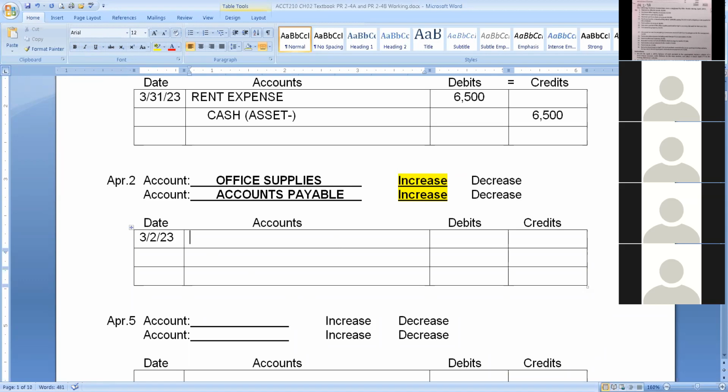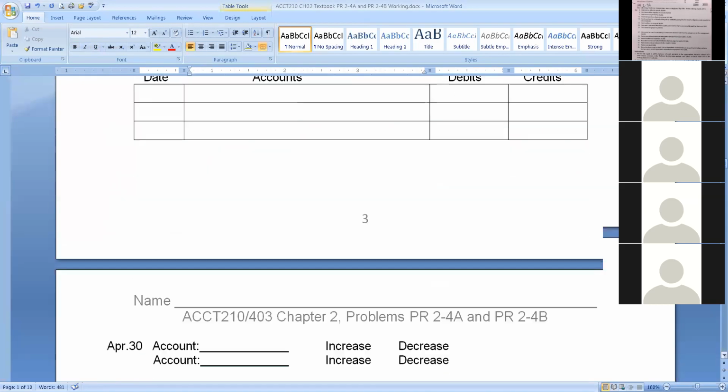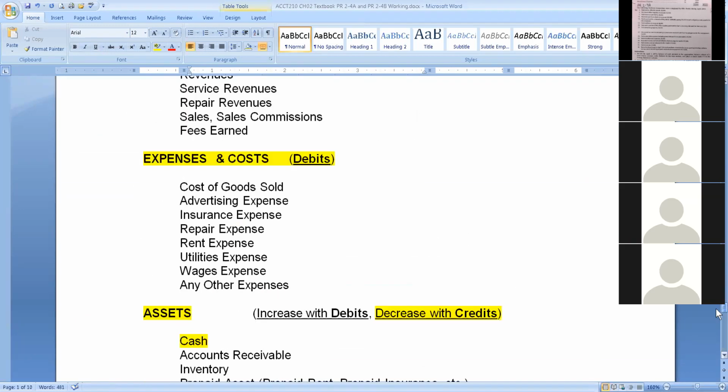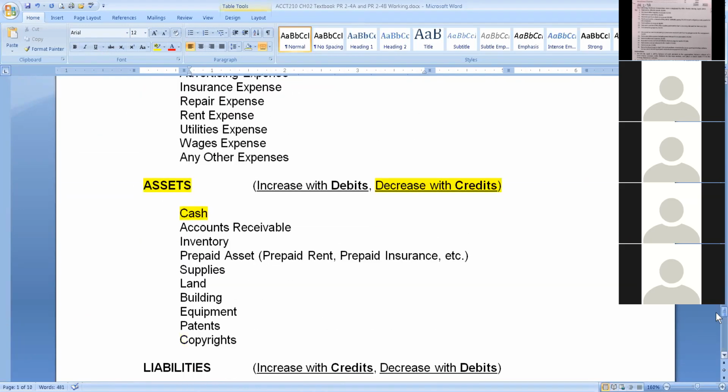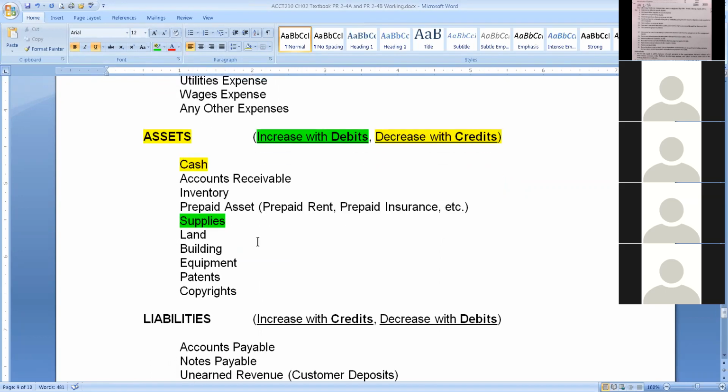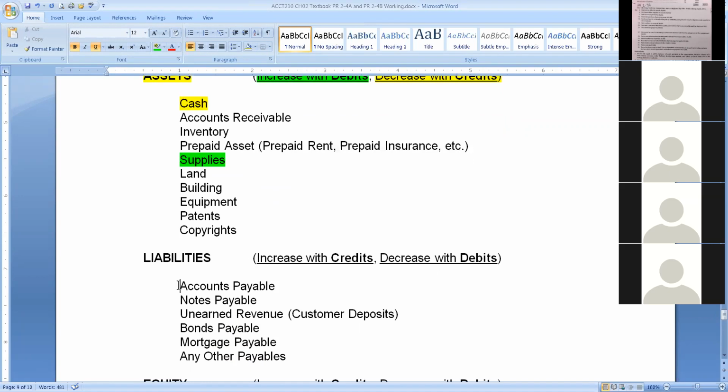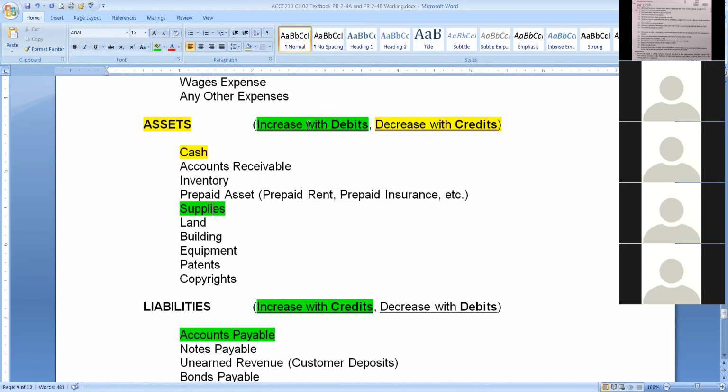Okay, so let's take office supplies. It's an asset. It's going up. It's going to be a debit. At that point, we could really stop and just go back, but let's not. Accounts payable is also going up, and it's going to increase with credit. So supplies are the debit. Accounts payable is a credit.